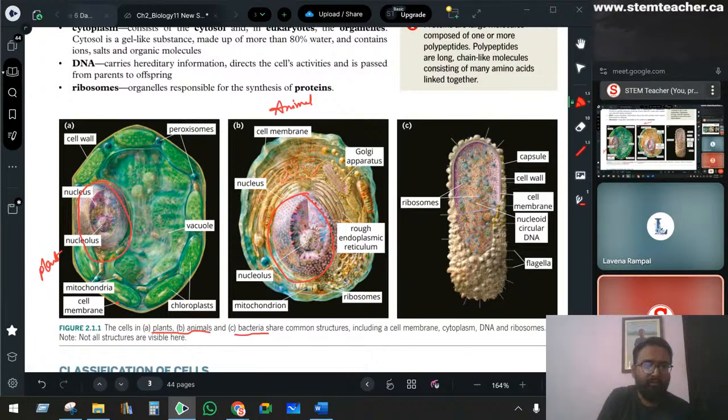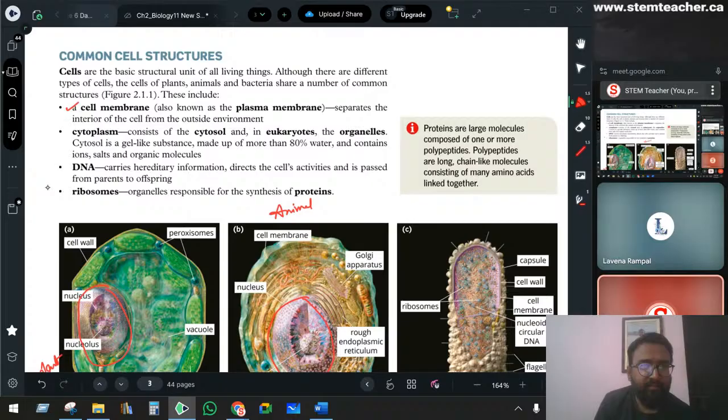Here, the cell wall. There is no cell wall for the animal cell. The cell membrane is common. The cell wall is the outer layer of this cell, and the inner side of the cell wall is the cell membrane. The animal cell has only a cell membrane and no cell wall. These are the kinds of things we have to discuss.